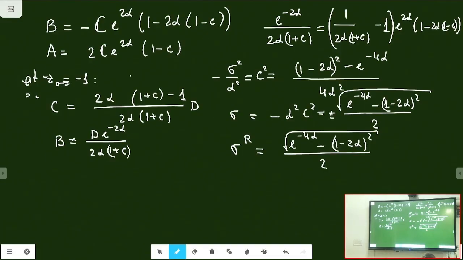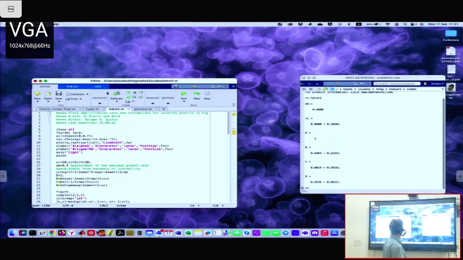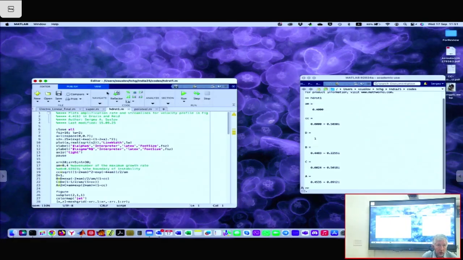So, let me just start the code here, and then I will display what the output is. Okay, here we go. So, this is a MATLAB code that you will find in the directory along with the rest of the files, and if you wish, you can play with it.